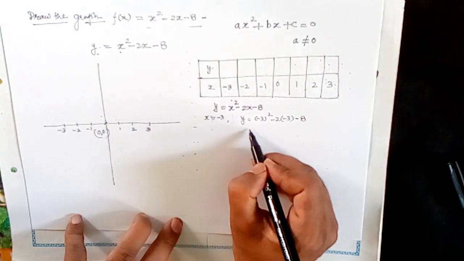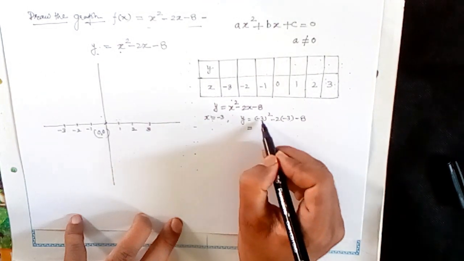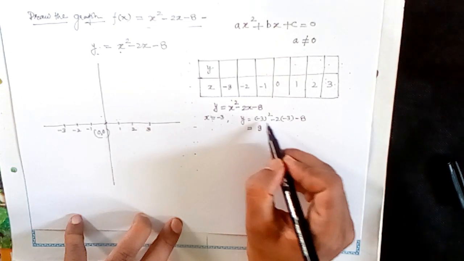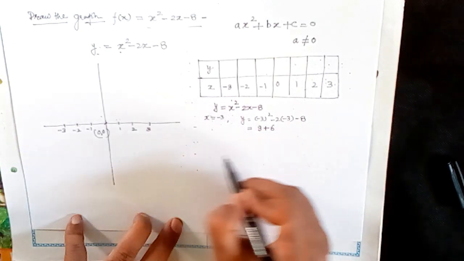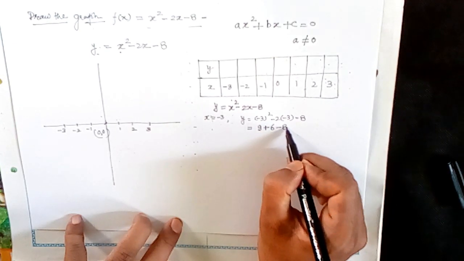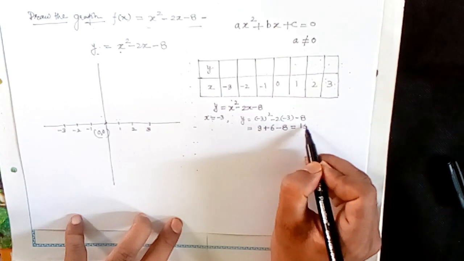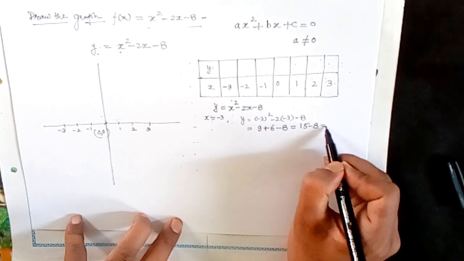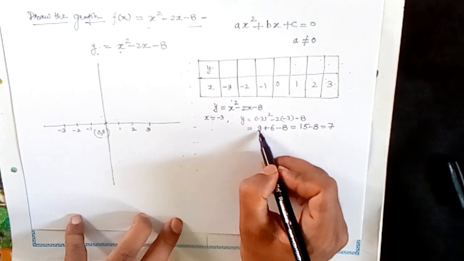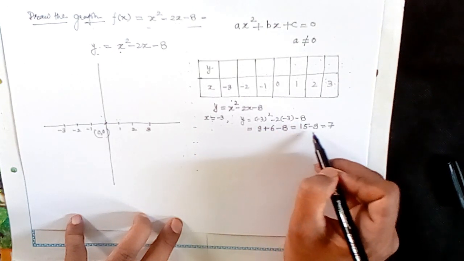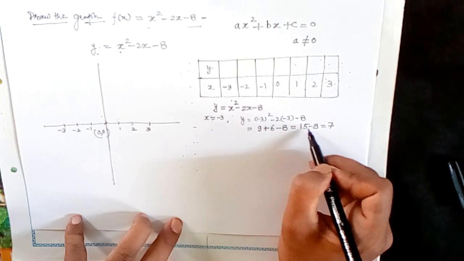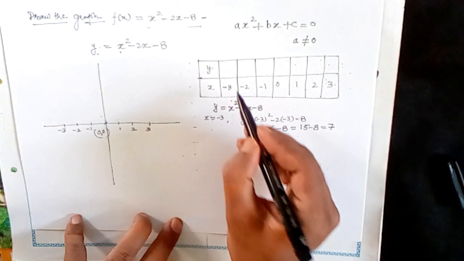So -3 square is 9, minus into minus is plus 2 into 3 is 6, minus 8. 9 plus 6 is 15, minus 8 is 7. That you have to put here in the table.